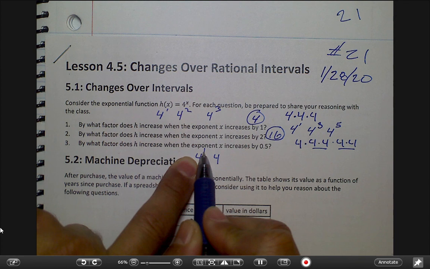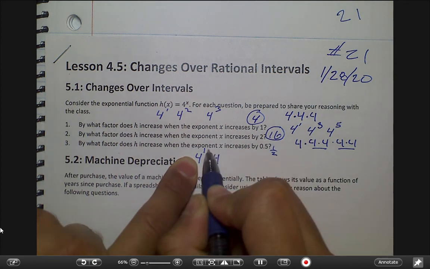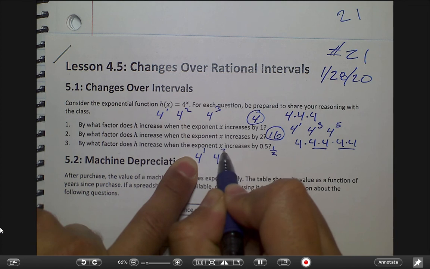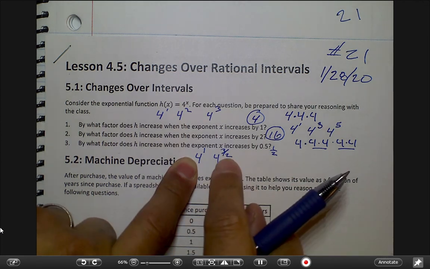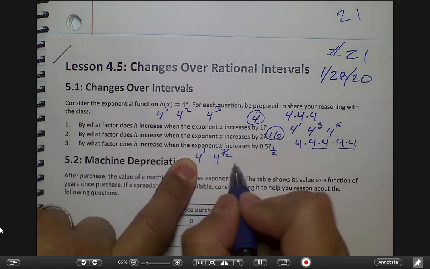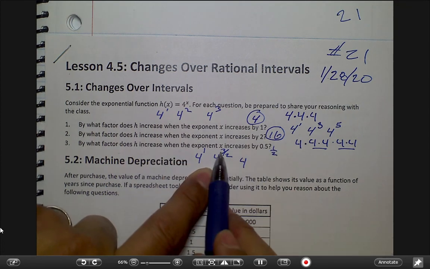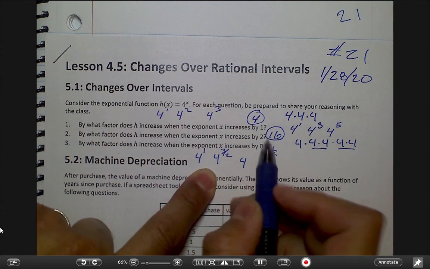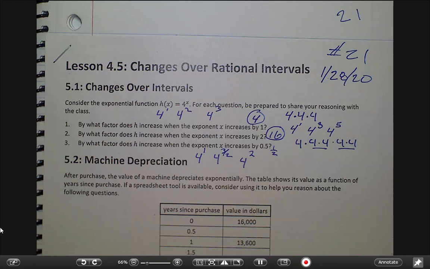So I'm adding 1 over 2. So 2 over 2 plus 1 over 2 gives me 3 over 2. That is the improper fraction. It's going to make the math a whole lot easier knowing this. And then the next one, I'm going to add another 1 over 2, which gives me 4 over 2, which is 2, right? 4 divided by 2 is 2.